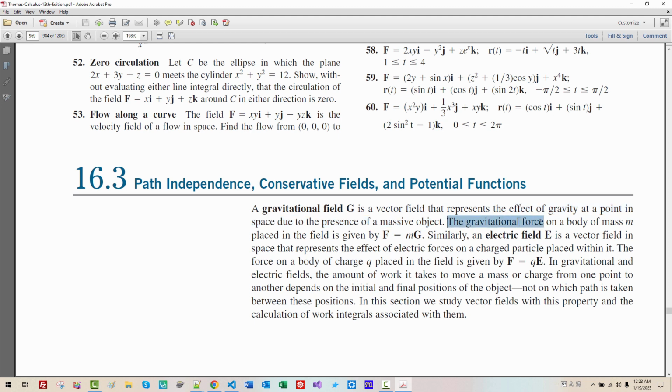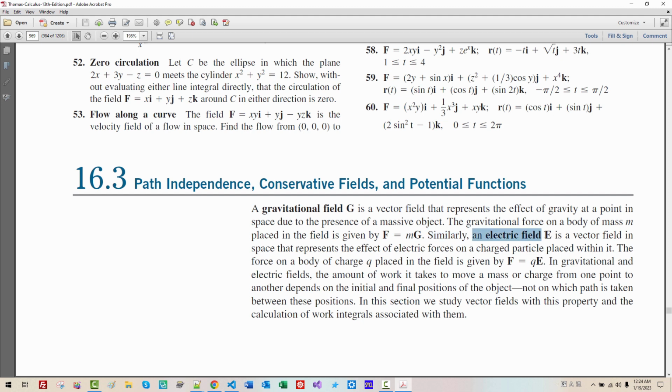The gravitational force on a body of mass m placed in a field is given by F equals mg. So G is the gravitational field. If we multiply mass m by the field, we have force.